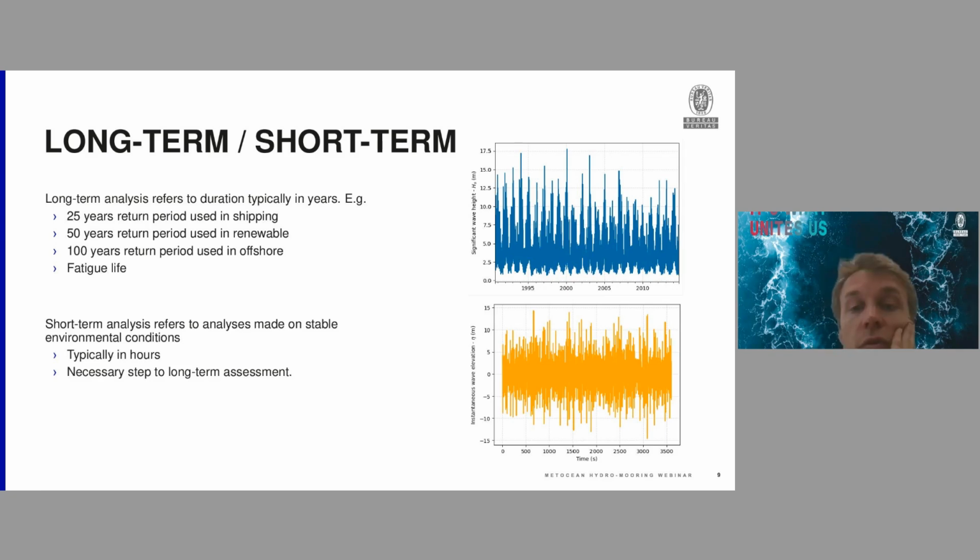On the bottom right figure, you see wave elevation, but this time it's instantaneous wave elevation, and the time scale is in seconds. You have 1 hour of wave elevation on this graph. And of course, the short-term analysis is a necessary step to have long-term quantities such as extreme or fatigue life.